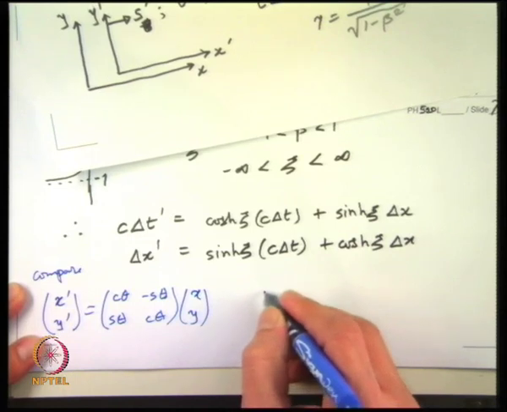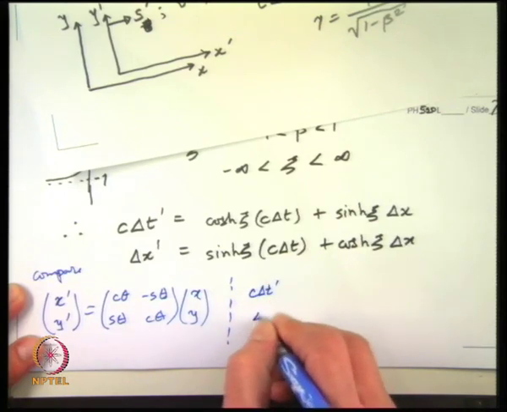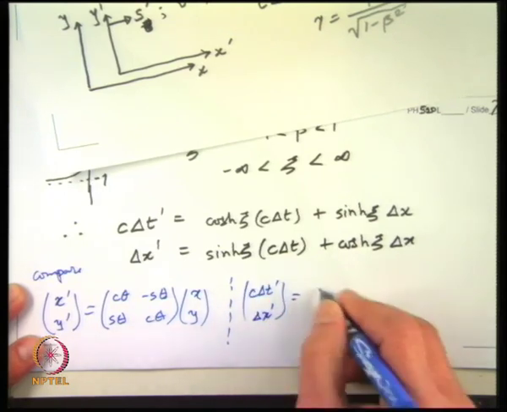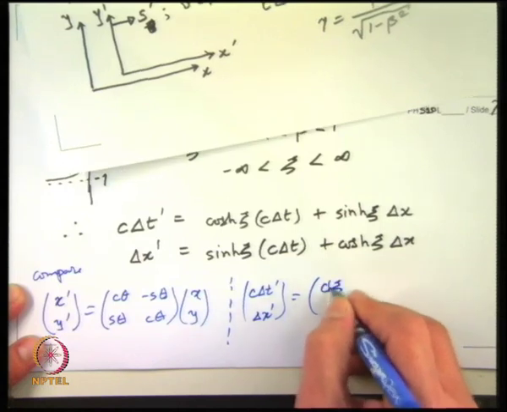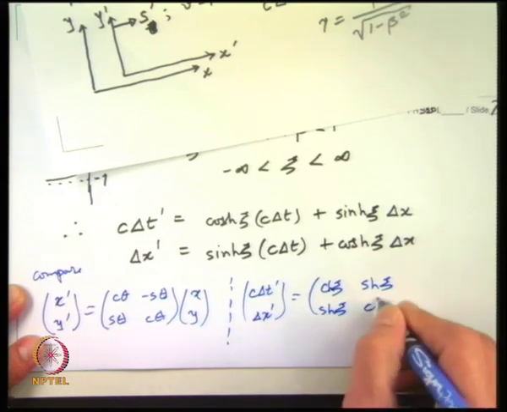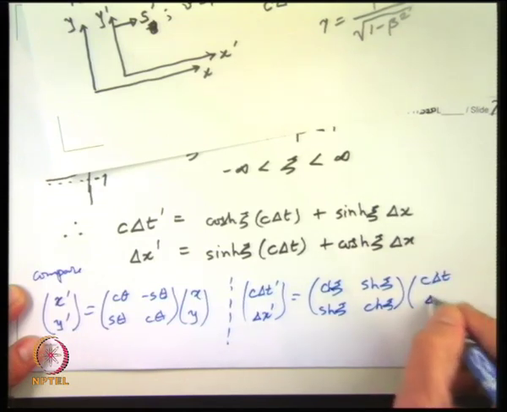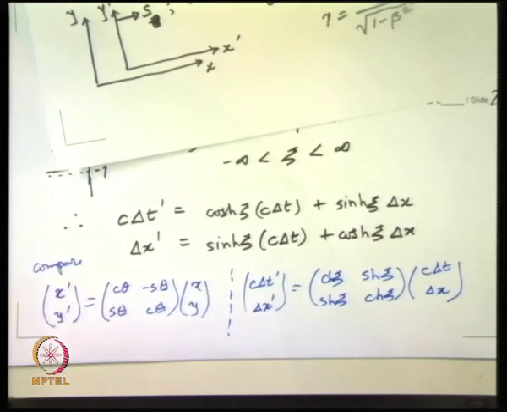Whereas here we have C delta t prime, delta x prime equal to the matrix cosh psi, sinh psi, sinh psi, cosh psi, times C delta t and delta x. So it is essentially a hyperbolic rotation of time into space, because after all what you had to do was keep C delta t prime squared minus delta x prime squared invariant.